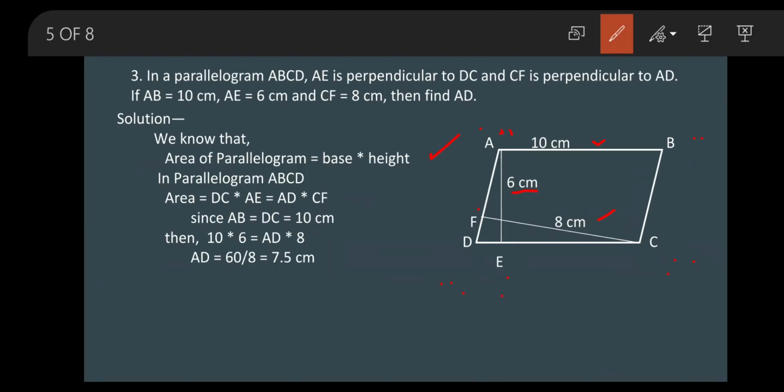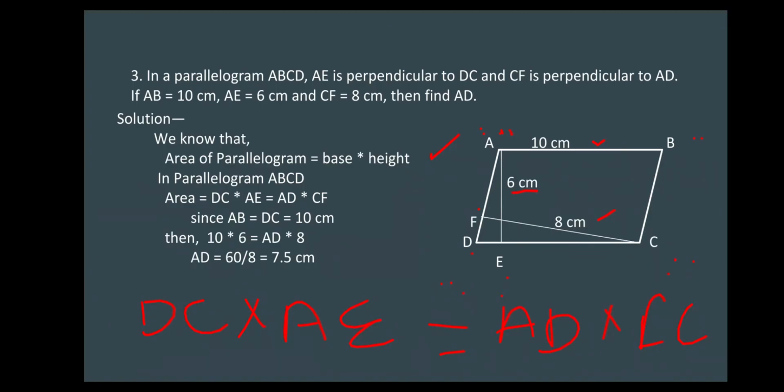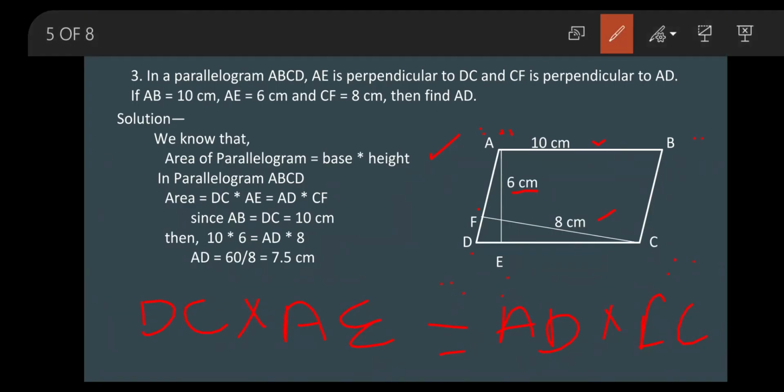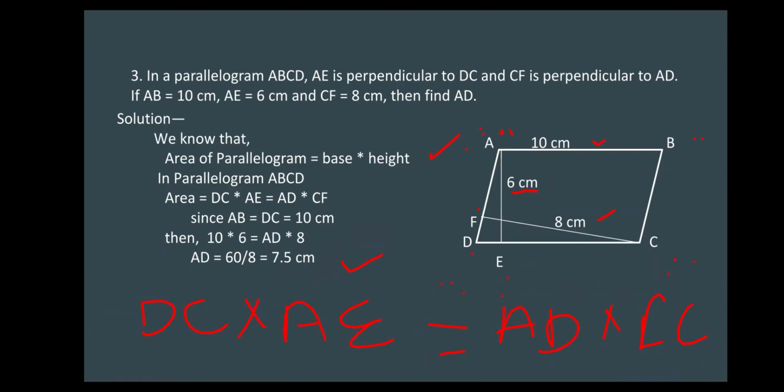By the first way, if we take the base as DC, the area is DC into AE, and by the other method, if we take the base as AD, then the area is AD into FC, and both are equal in value. Put the values of AE, CF and CD. AD is equal to 60 upon 8, which is 7.5 centimeter.